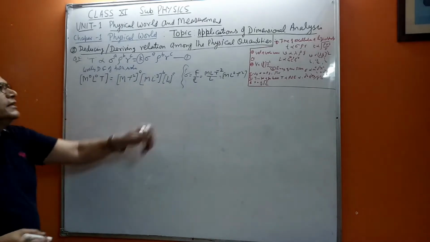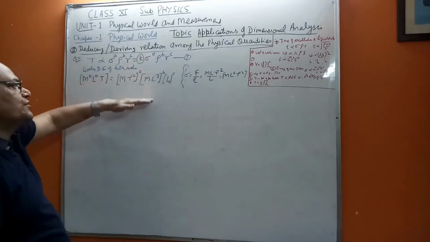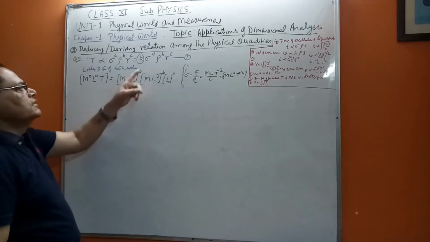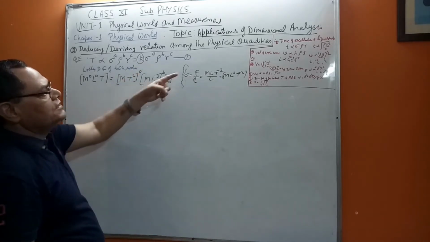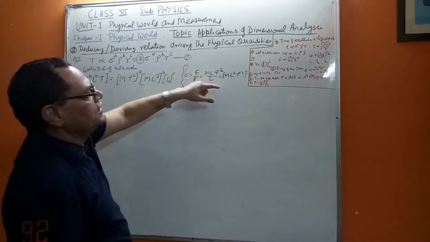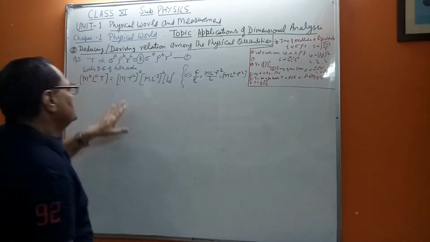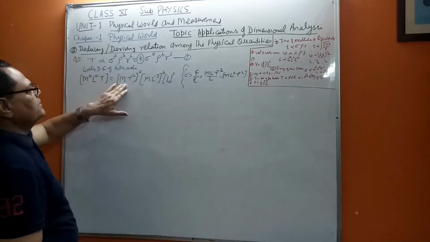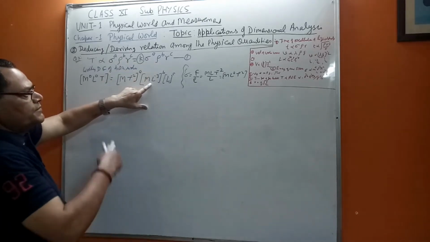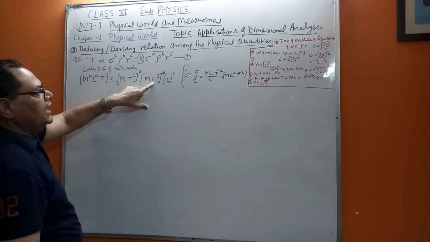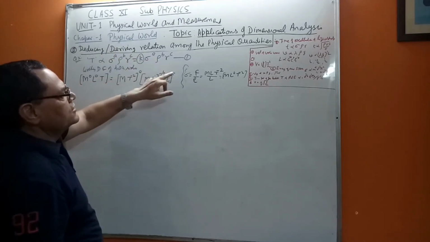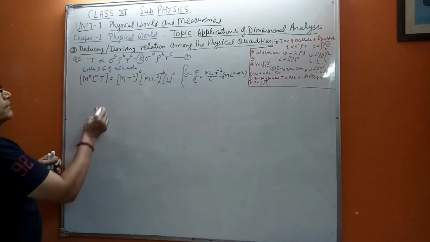Then we will simplify. Please check before proceeding further, because all steps should be very correct. Surface tension is a force upon length. Force was M L T^-2, upon L, which gets cancelled, so M L^0 T^-2. So M T^-2 raised to power a. Now the second one, density: mass per unit volume. Volume is L^3 but it goes up, so M L^-3 raised to power b, and L raised to power c. Let's simplify.